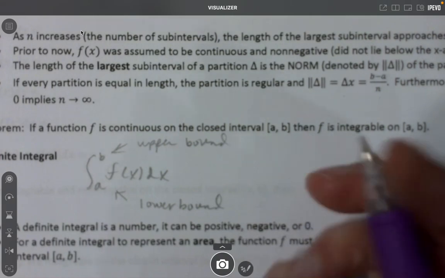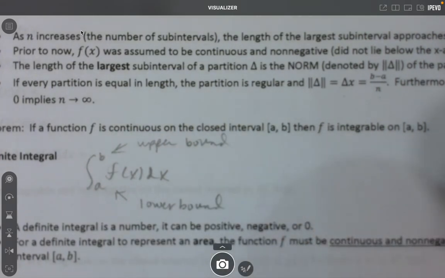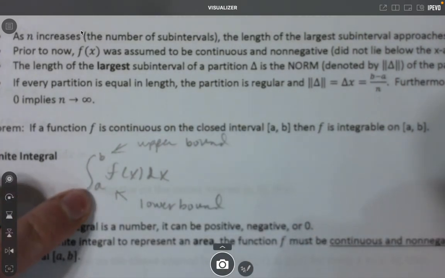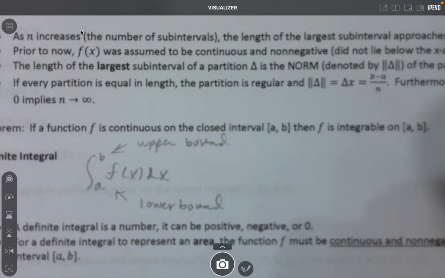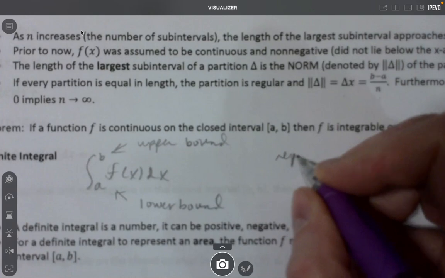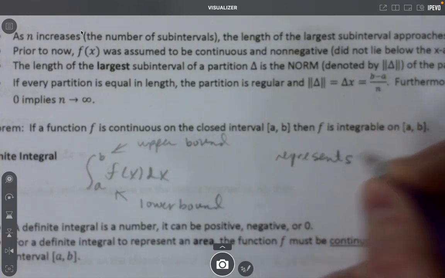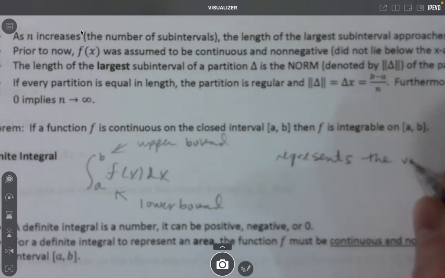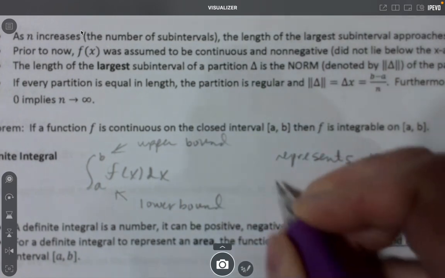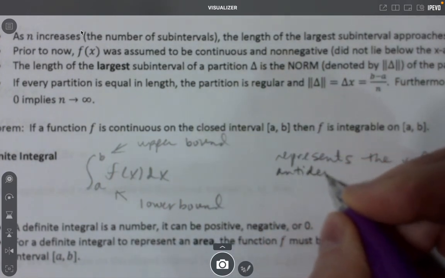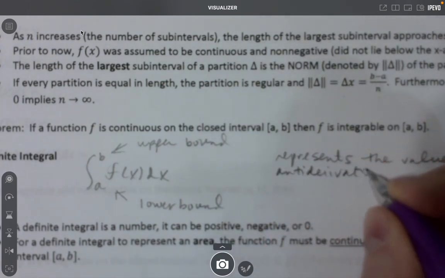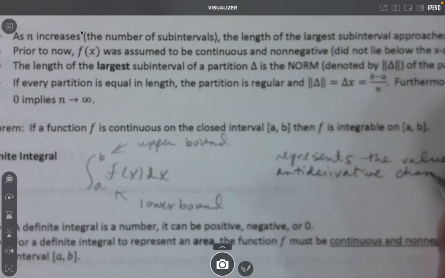This represents the value that the antiderivative changes on the interval from a to b.